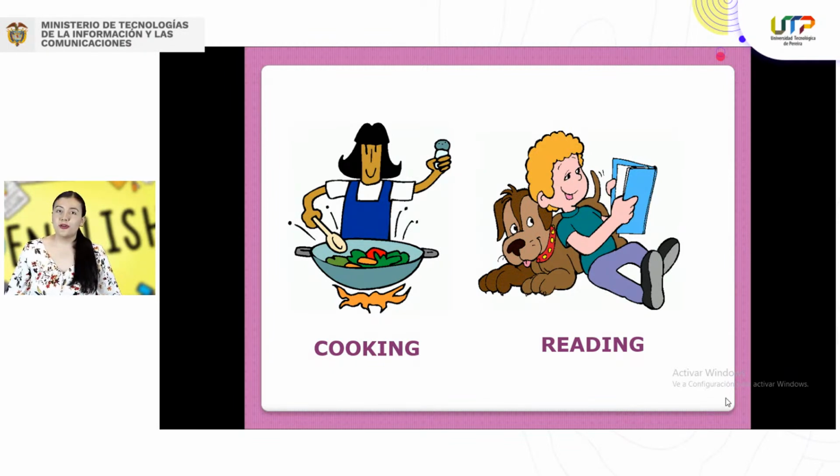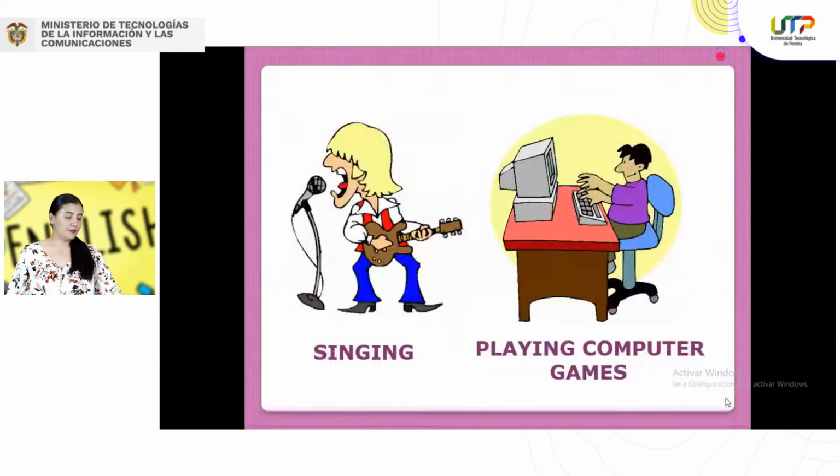And reading books, yeah, reading books. Singing, and playing computer games. So we got here two more different activities.